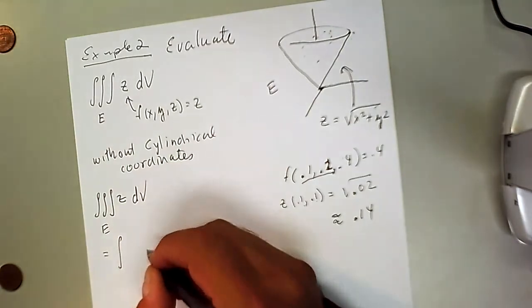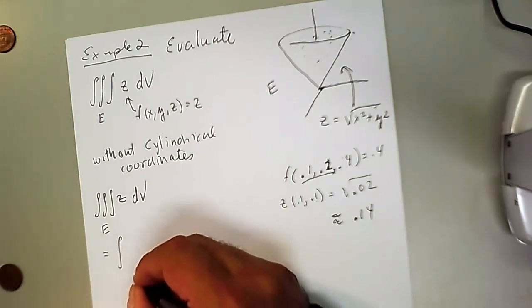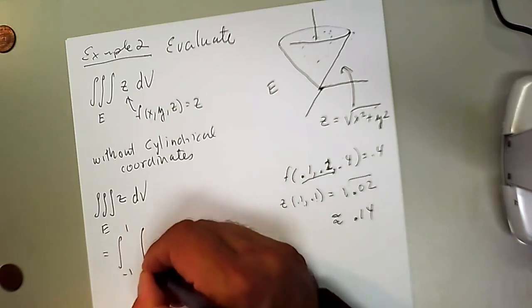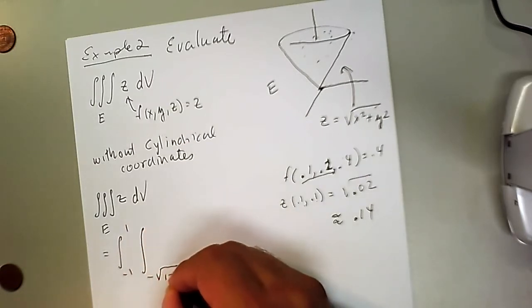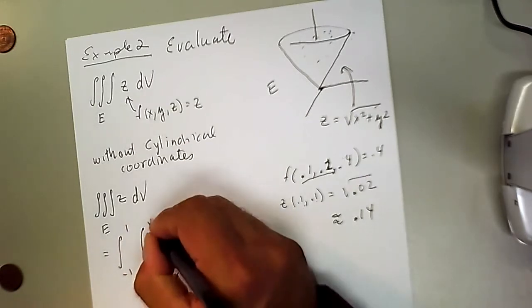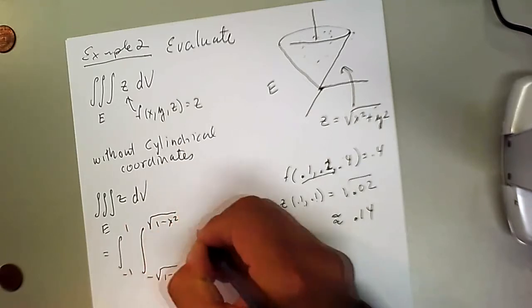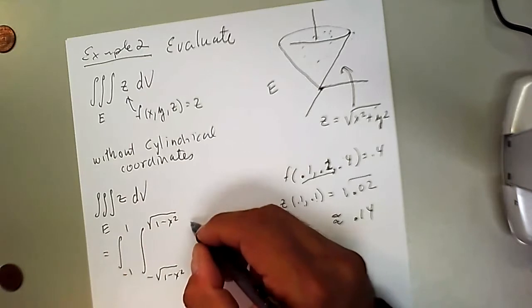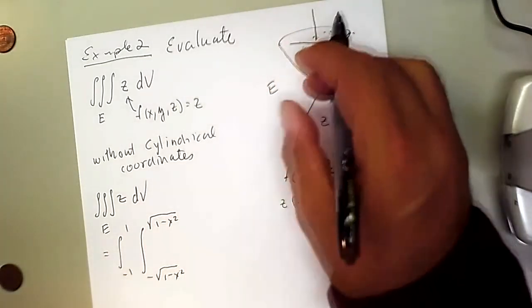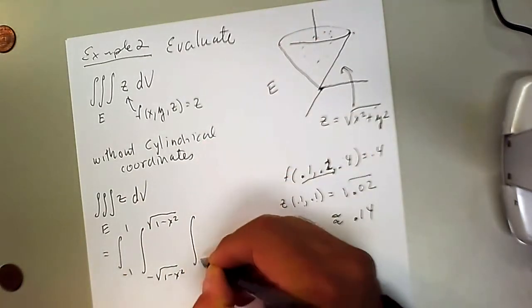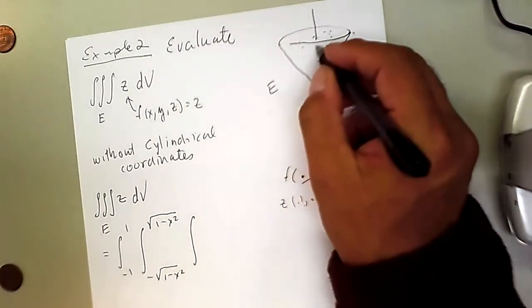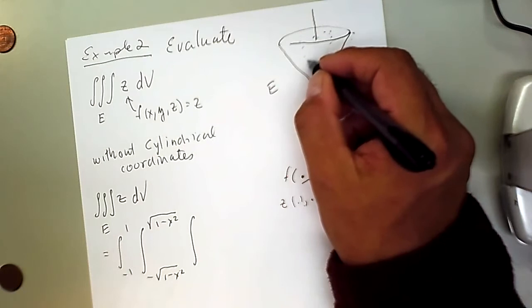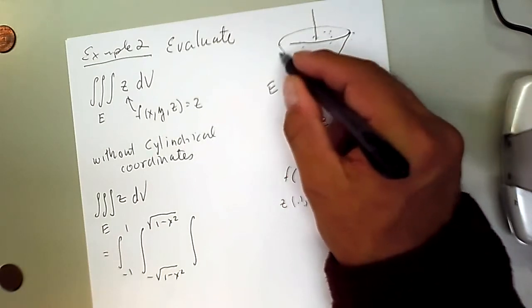And we're going to go from, on the x's, from -1 to 1, on the y's, from negative square root of 1 minus x squared to positive square root of 1 minus x squared. That deals with the circle, after we project this with respect to the z. And then on the z, so pretend you're inside of this cone. If you start floating down, you're going to bump into this wall.